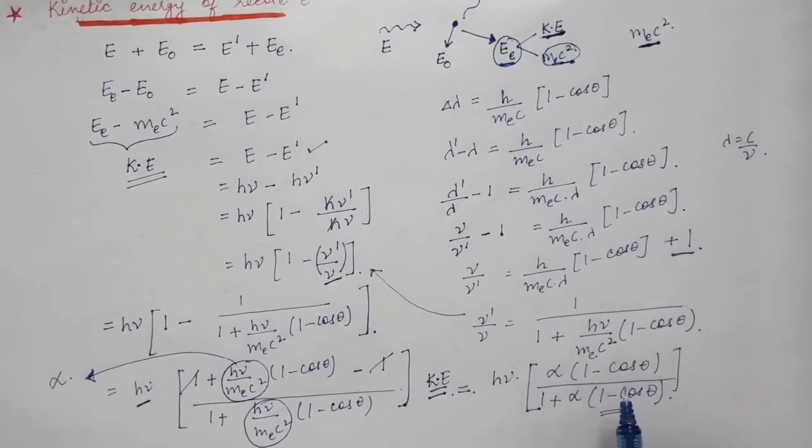As we have done in the previous article, we have found the relation of phi in terms of theta. So from there you can use various identities and find the kinetic energy of the recoil electron in terms of phi. Here kinetic energy is in terms of theta, so using the previous relation, you can find it in terms of phi.